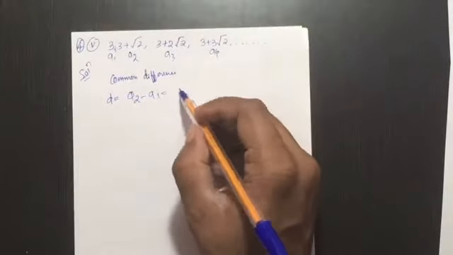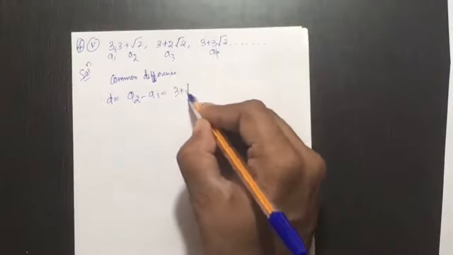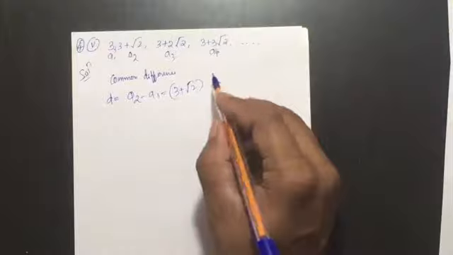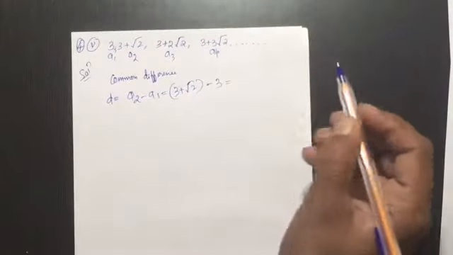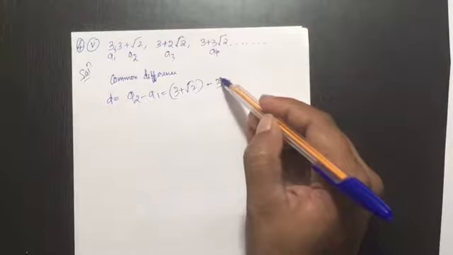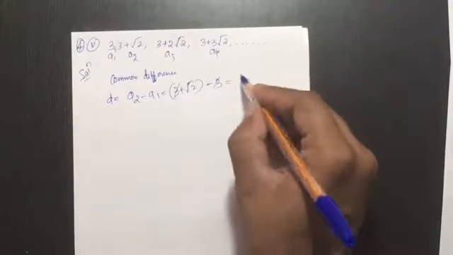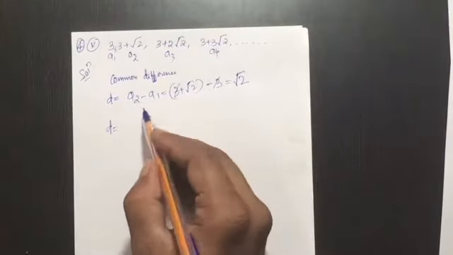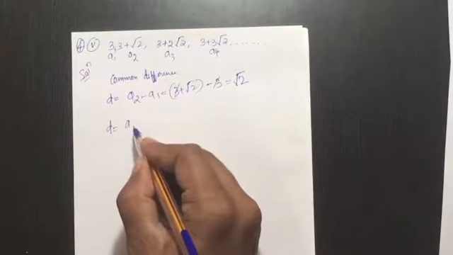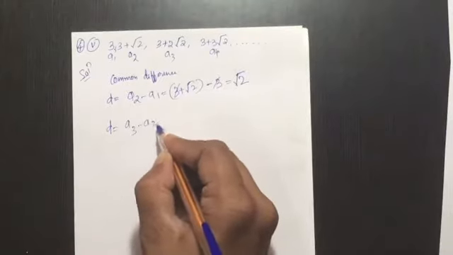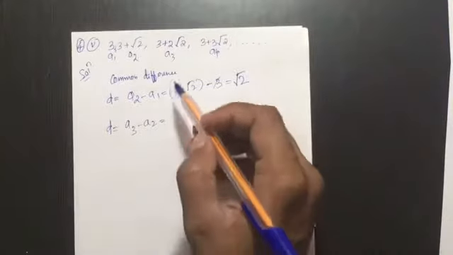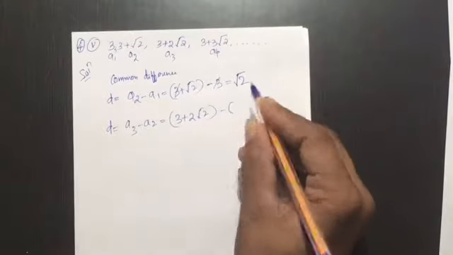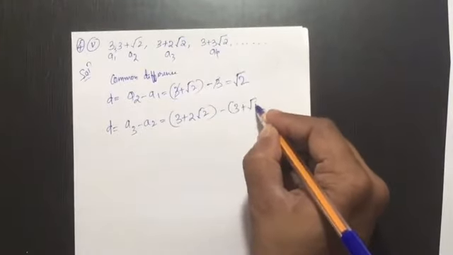What is your A2? A2 is 3 plus root 2. So I will keep it in a bracket so that you can understand the problem. Minus 3. So students, here minus 3 plus 3 will cancel each other. The remaining thing is root 2. Similarly, next one, that is A3 minus A2. What is your A3? A3 is 3 plus 2 root 2 minus 3 plus root 2.